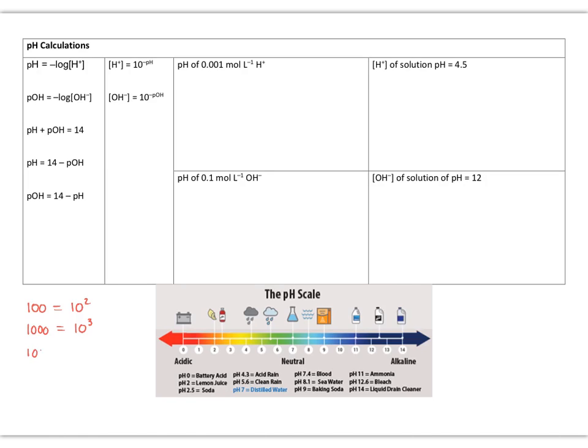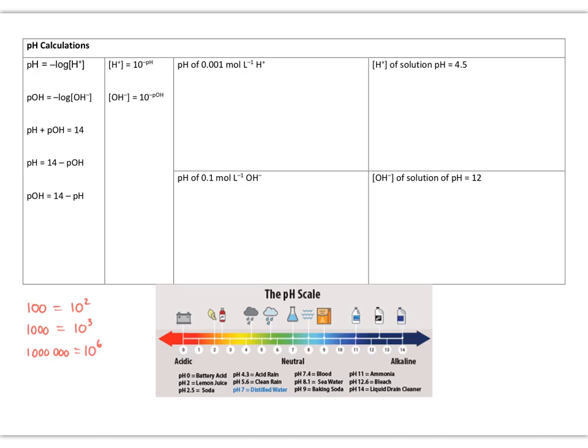If we went to 1 million, that equals 10 to the power of 6. So the log of these numbers is whatever power you need to put 10 to, to get that number.